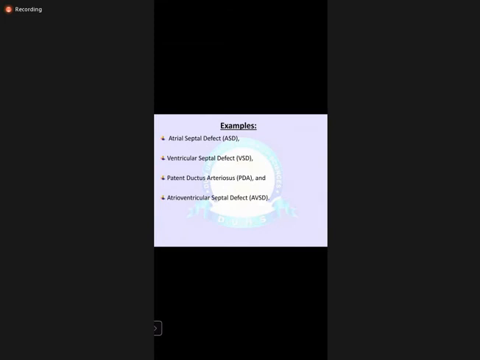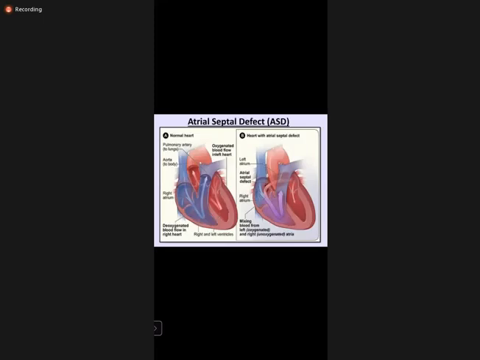So here are the examples of the acyanotic type of heart disease, which include the atrial septal defect, ventricular septal defect, patent ductus arteriosus, and atrioventricular septal defect, that is AVSD. Here you can see the normal heart on the left side.